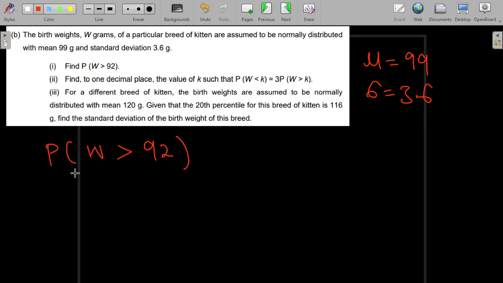The first thing we have to do is standardize this W. The Z-score will be W minus the mean, divided by the standard deviation.